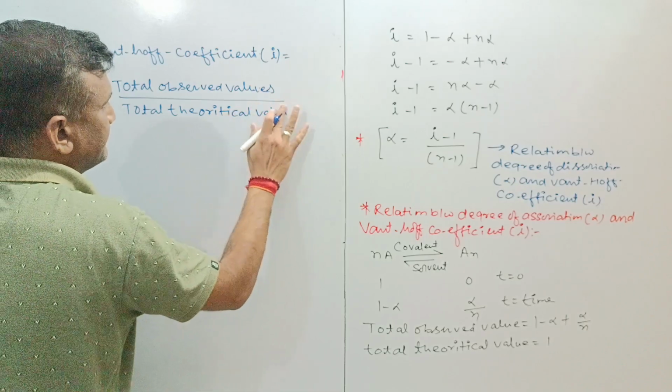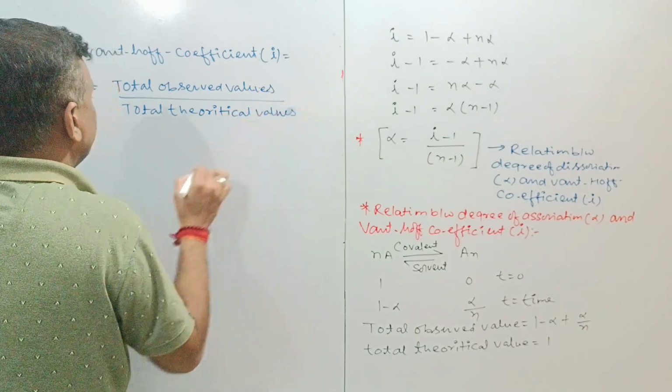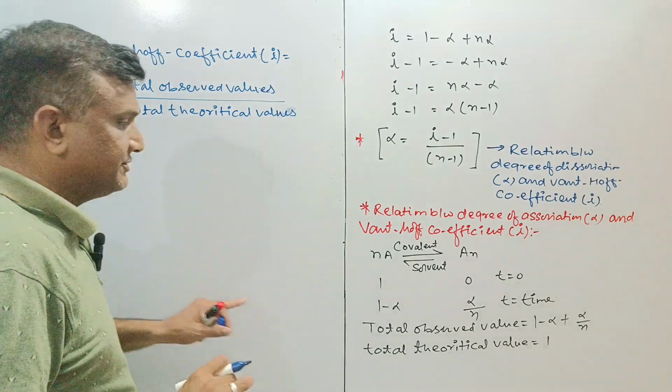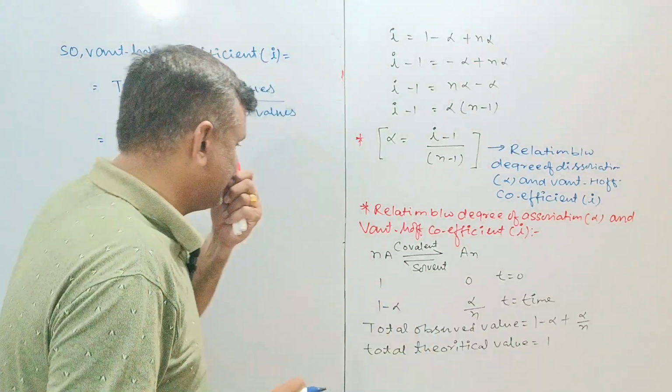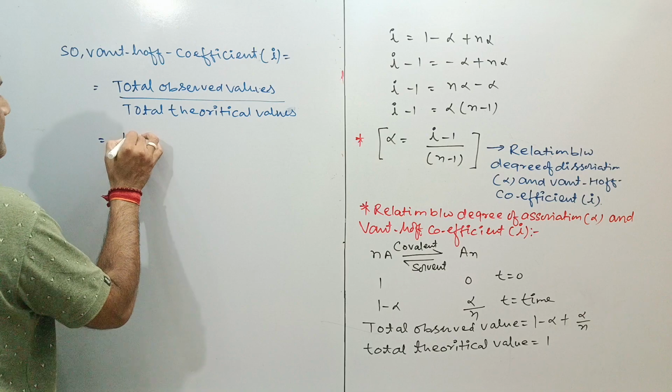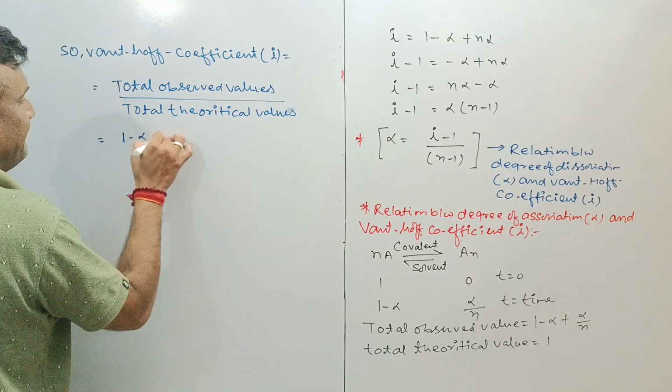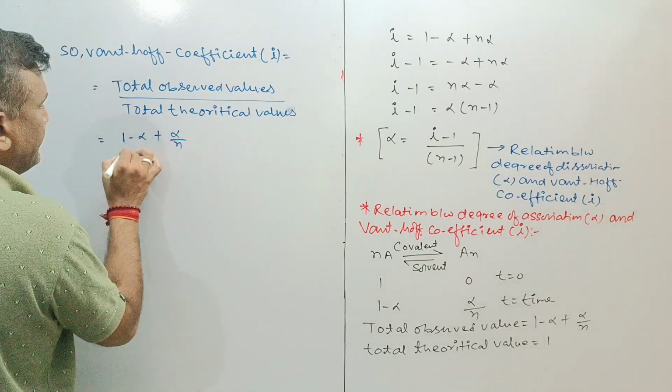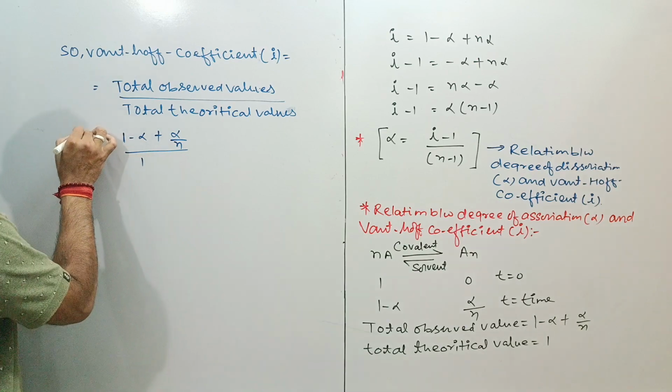So the observed value is 1 minus alpha plus alpha by n, and the theoretical value is 1. This is i.